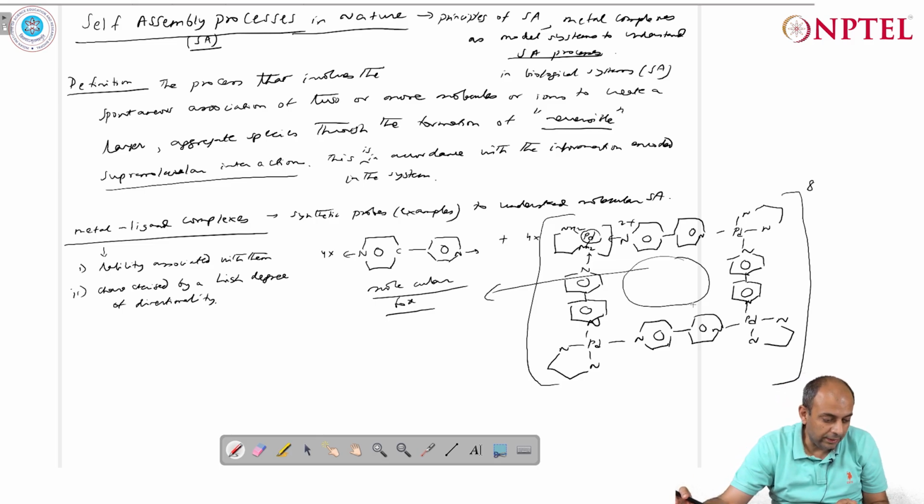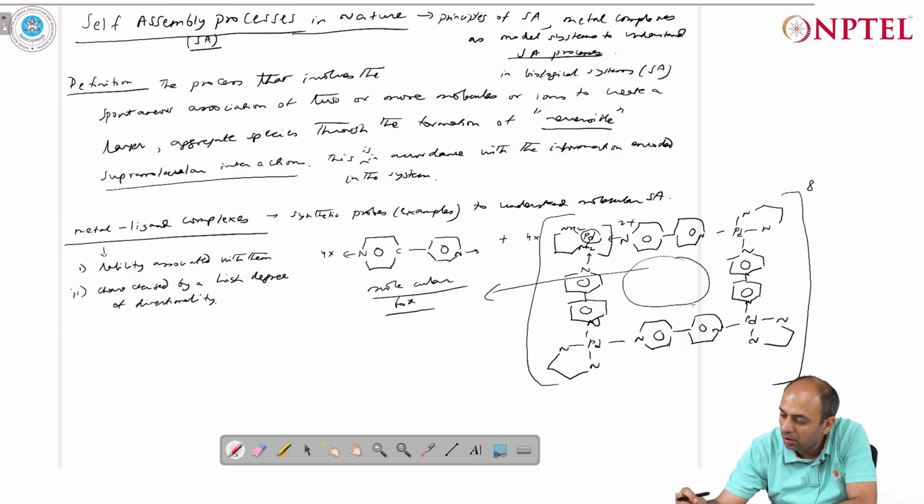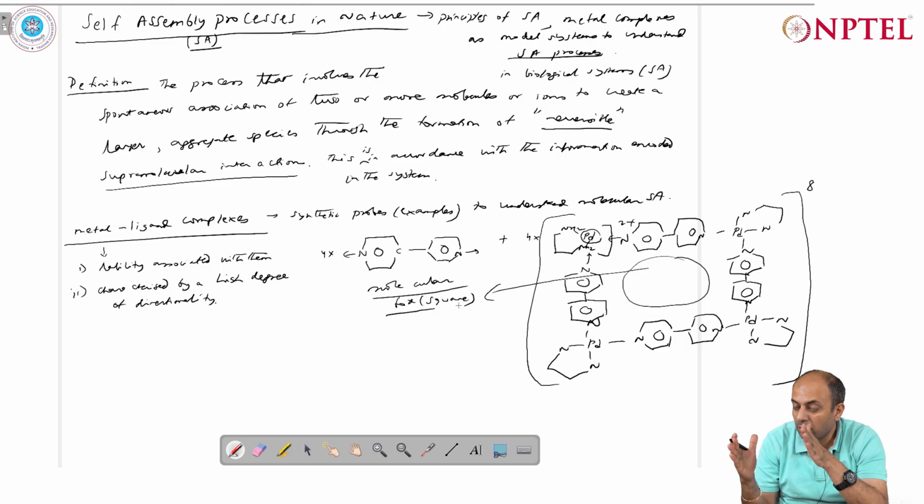So we see that this very specific association takes place between the palladium center and the bipyridyl ligand to give you this molecular box. This is more specifically referred to as a molecular square, and this square can now aggregate further in solution to form a molecular box kind of arrangement.